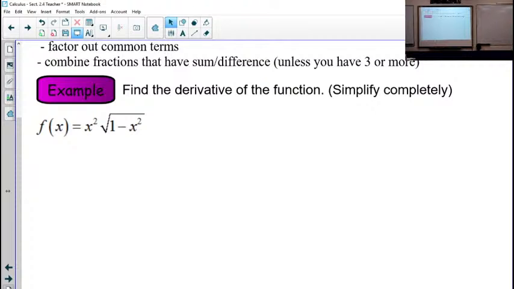X squared times the square root of 1 minus x squared. Oh, times, that means we're looking at a product rule. So let's see.